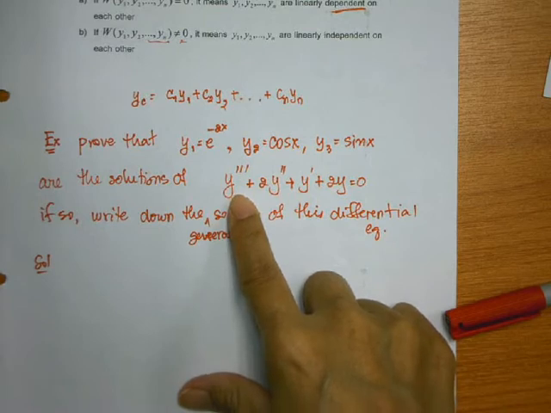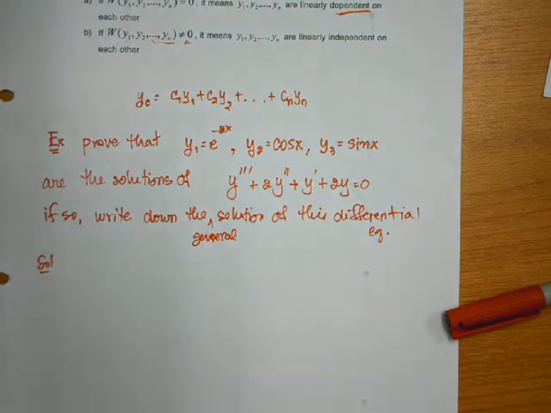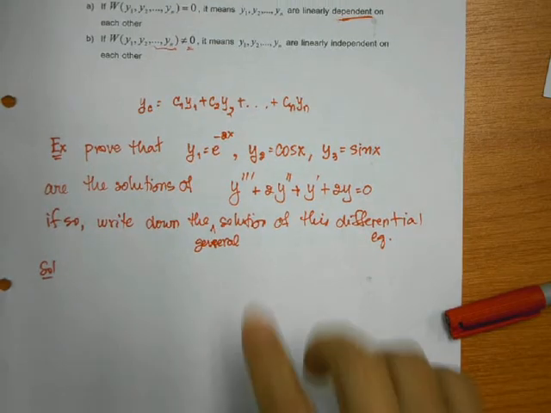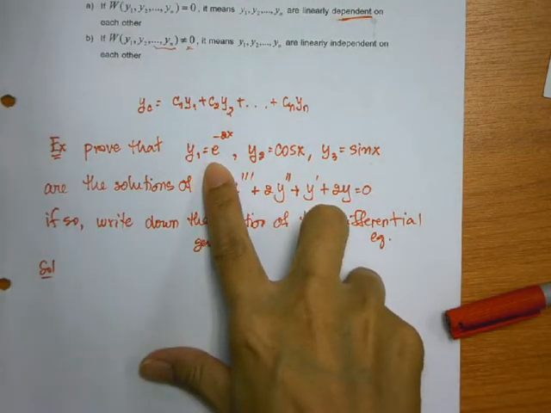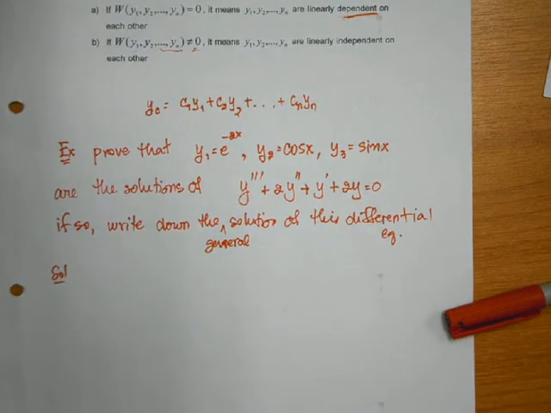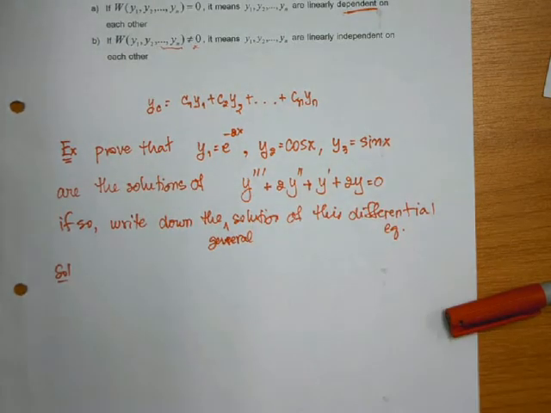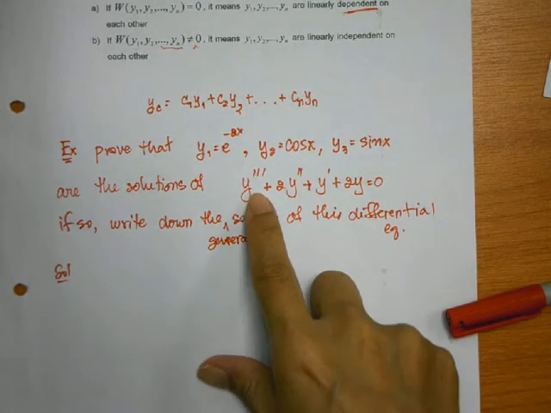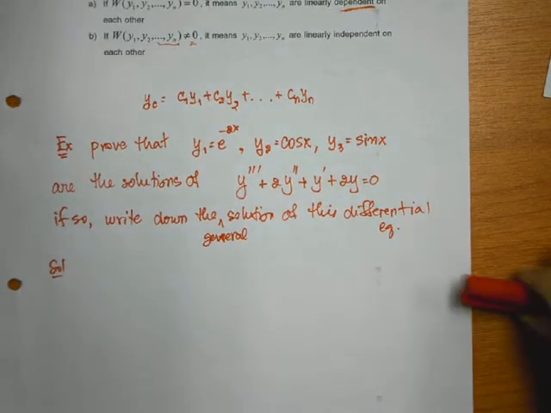So with order 3, you've got to find 3 answers of y, which the problem statement itself gave to you, asking you to prove that y1, y2, and y3 are really the solutions of this differential equation. So we have to prove that first, okay?